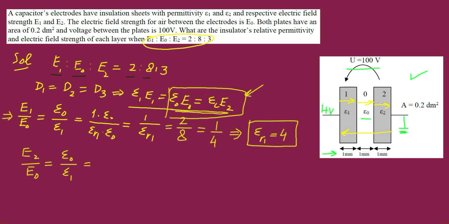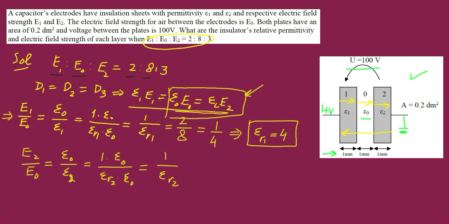This can be written as 1 multiplied by epsilon naught divided by epsilon r2 times epsilon naught, and epsilon naught cancels, so this is 1 over epsilon r2.